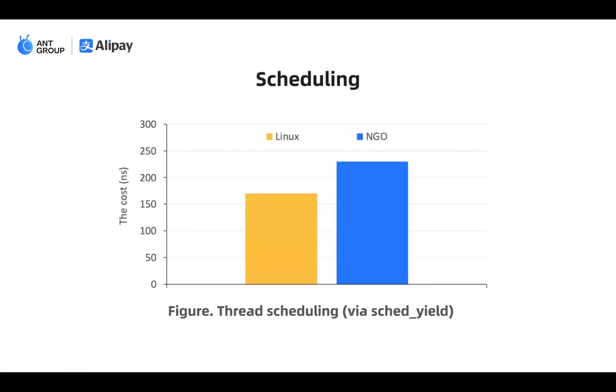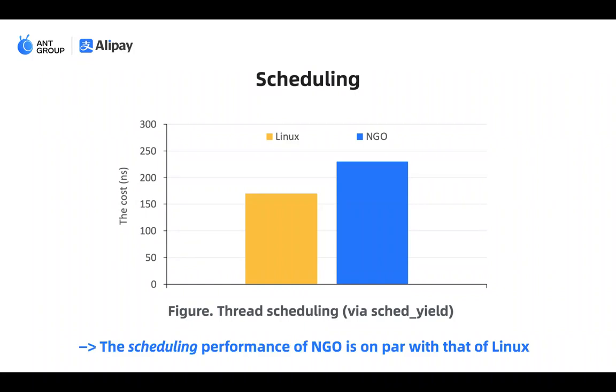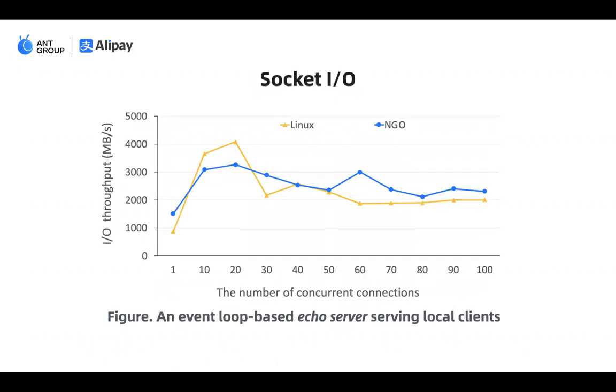So here's the result. For the scheduling system call latency on Linux and NGO, as you can see, they are on the same bar. So the scheduling performance of next gen Occlum is on par with that of Linux. And for socket I/O, we wrote an event loop-based I/O server and used this as our benchmark.